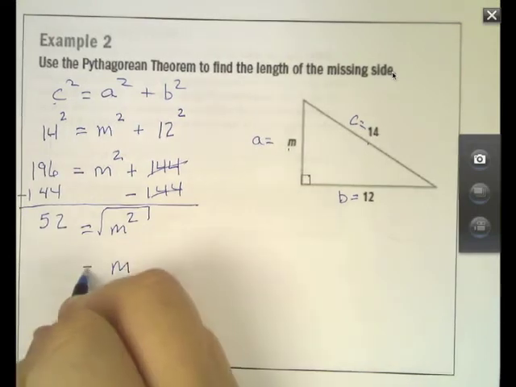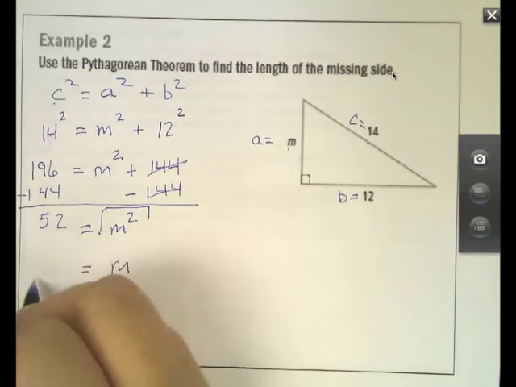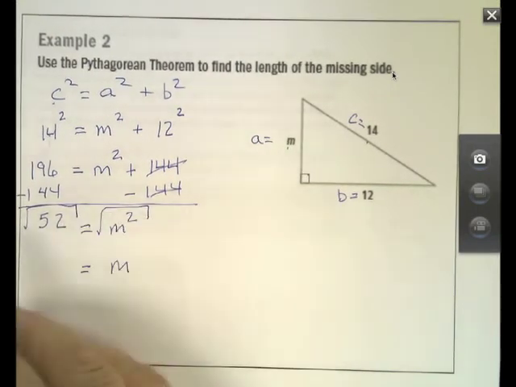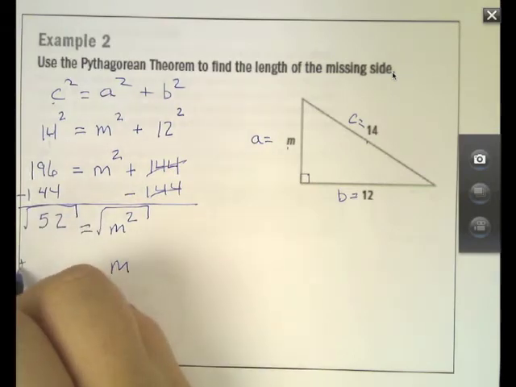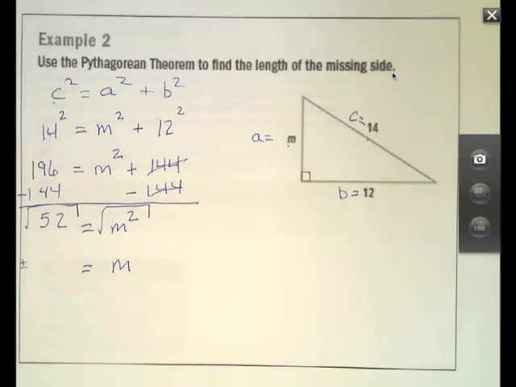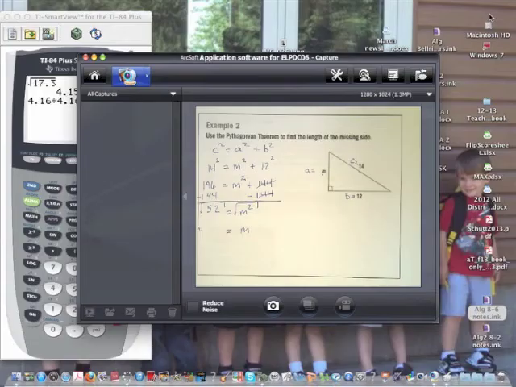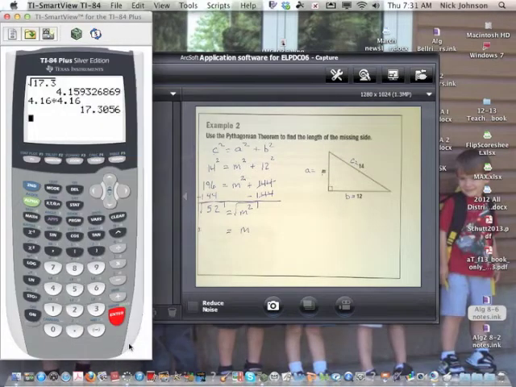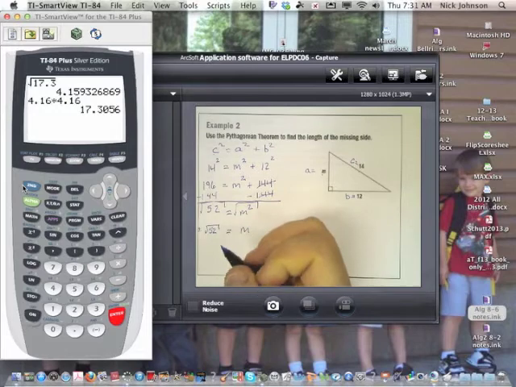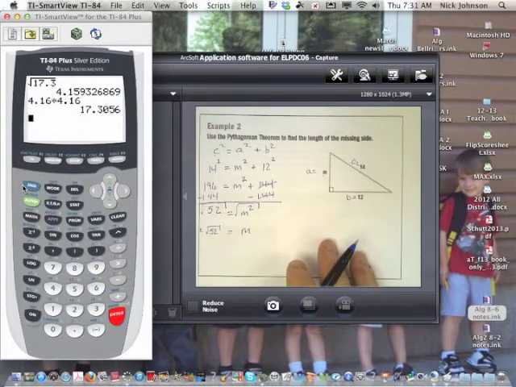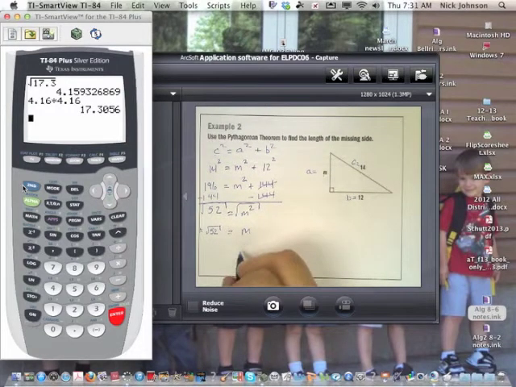To find what M is, we have to take the square root. The square root of M squared is M. The square root of 52, whatever I do to one side, I do to the other, is plus or minus. And if you go to your calculator, I don't think we're going to get a very precise answer. So we could leave it as the square root of 52.